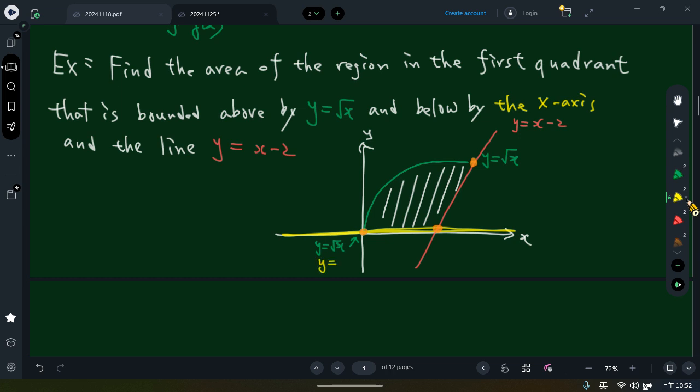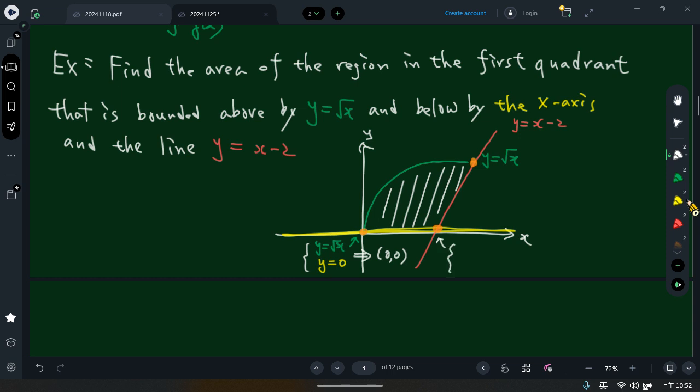and y is equal to 0, right? So from this you can get the point 0, 0. And of course, you also have this point.